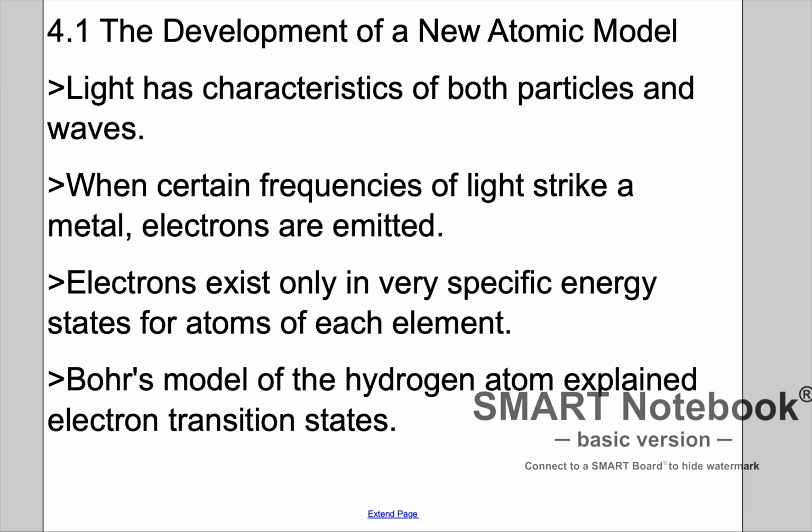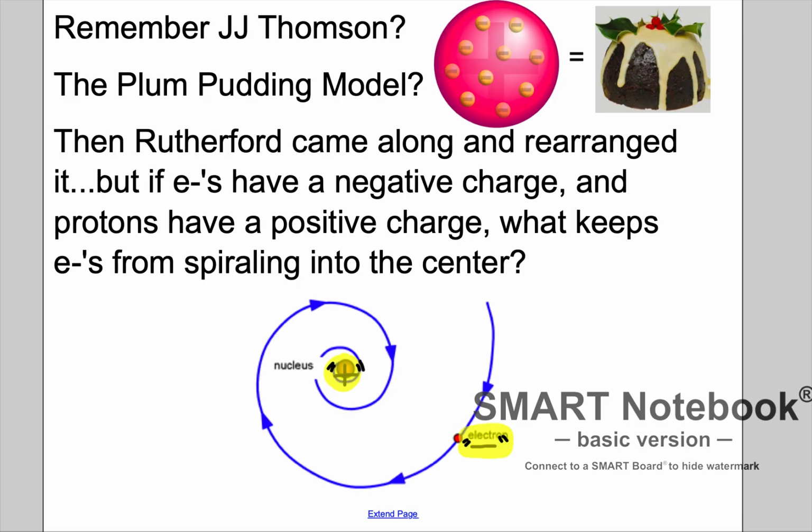Certain frequencies of light can strip electrons away from metals, but not all frequencies. So there's this idea that light can carry certain quanta, or packets, of energy. Then in part 2 of 4.1, we'll talk about Bohr's model and how that was the starting point, but it doesn't work for all the elements.